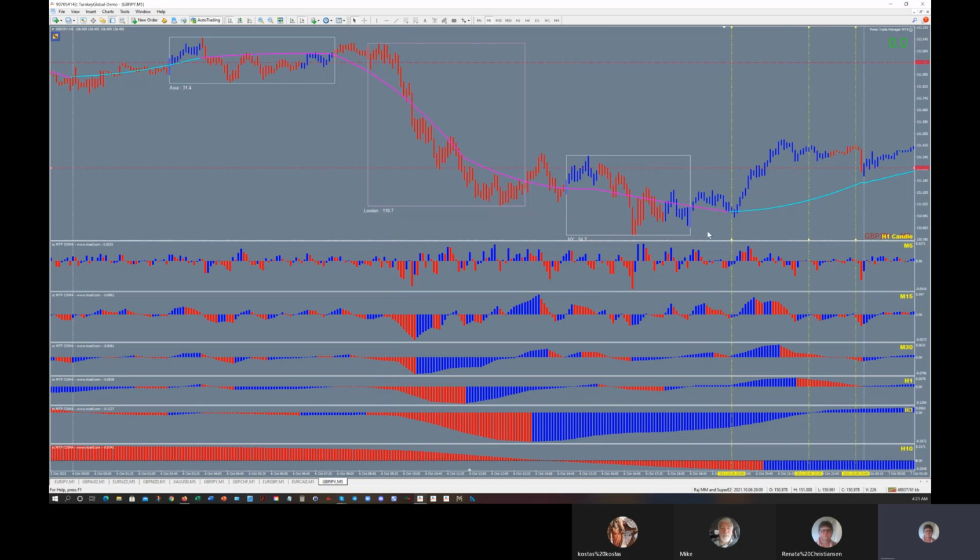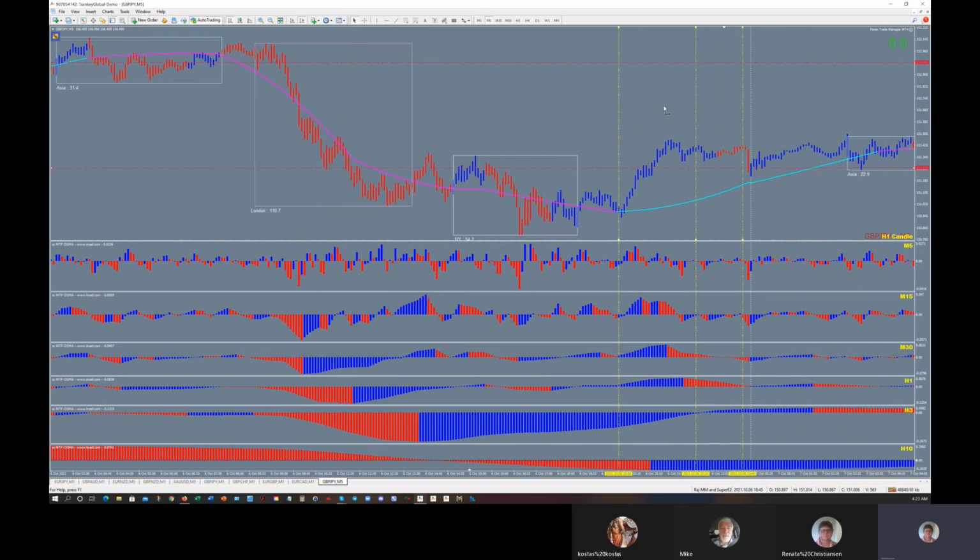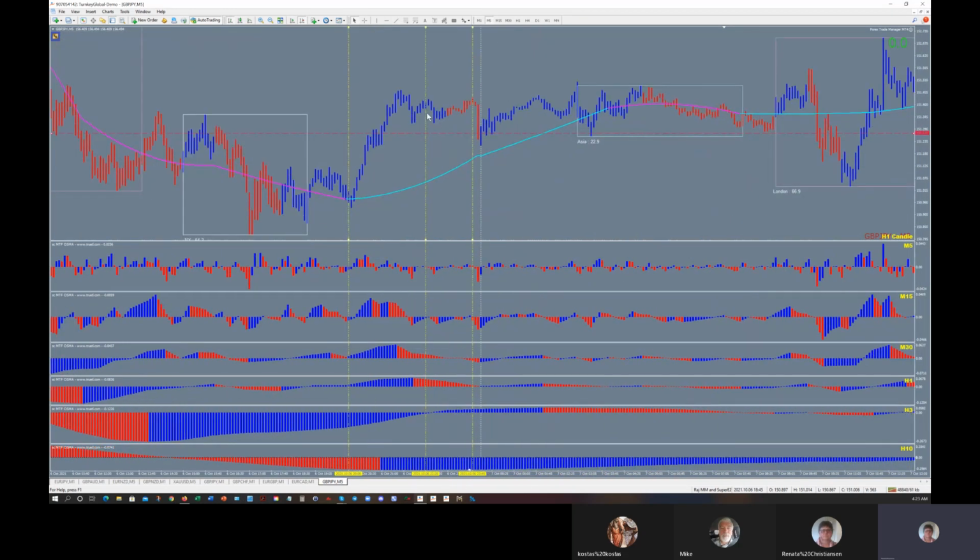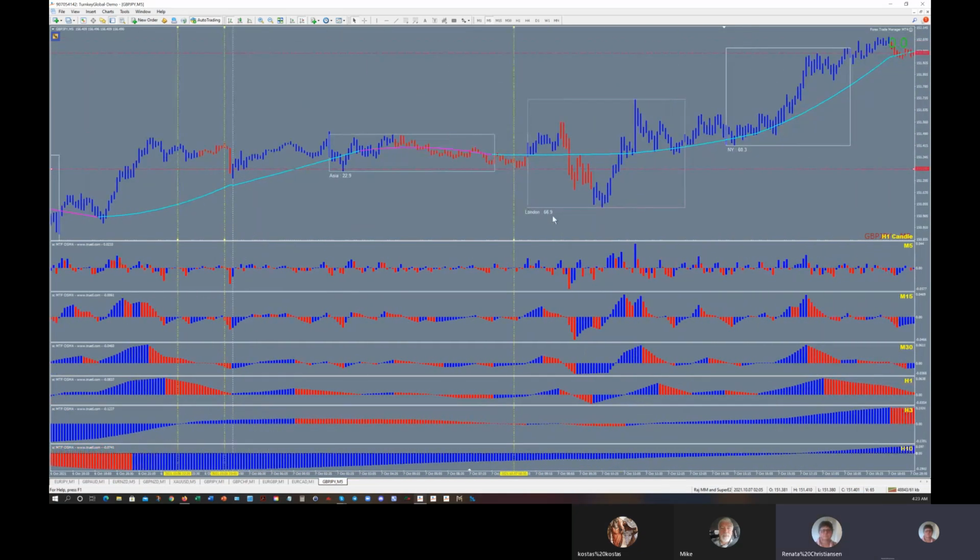Because I got a blue ball down here on the 4 hour. Okay, let's say I'm not trading this part. Come in here. Where's my long? At the bottom. No. Here's my long. 17 pip stop loss.